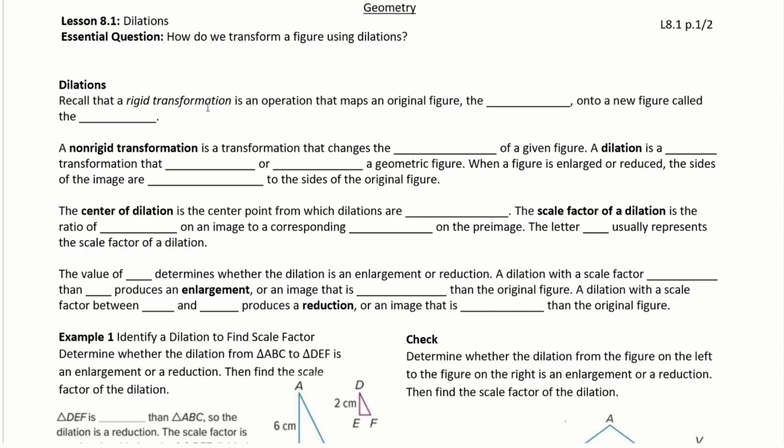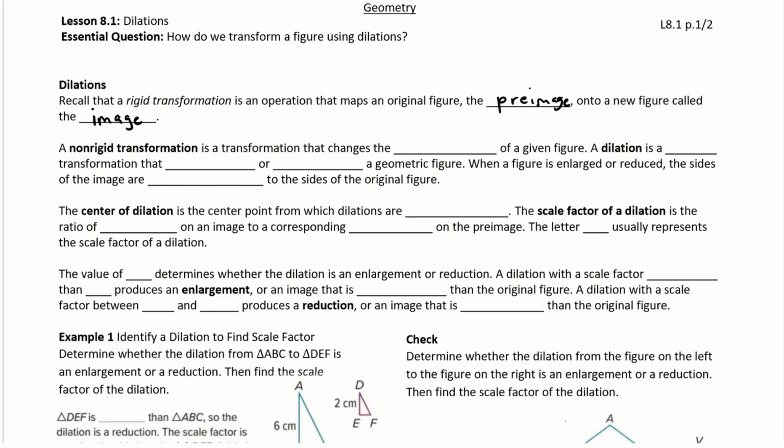In other words, it maps a pre-image, which is the original image, onto a new figure called the image. That's what all transformations do. However, in a rigid transformation, when the pre-image goes to the image, both of them are congruent.